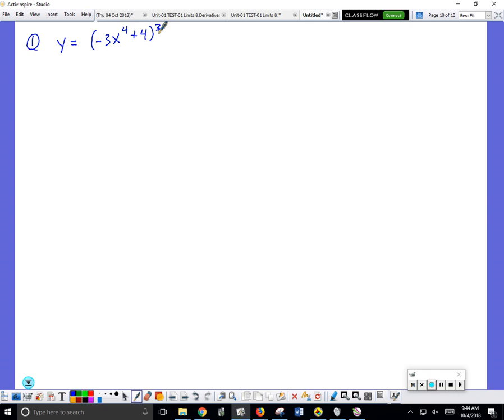So here we go. Step number 1 is easy. We just want to take the derivative of both sides of the equation. So we d/dx both sides. Question?